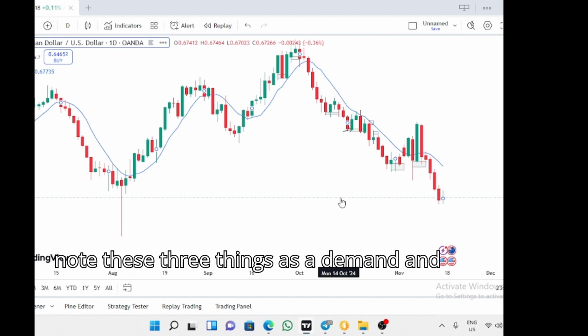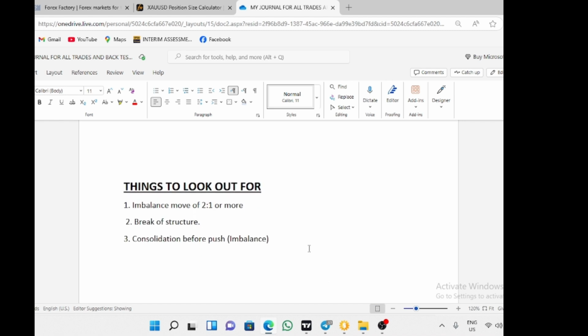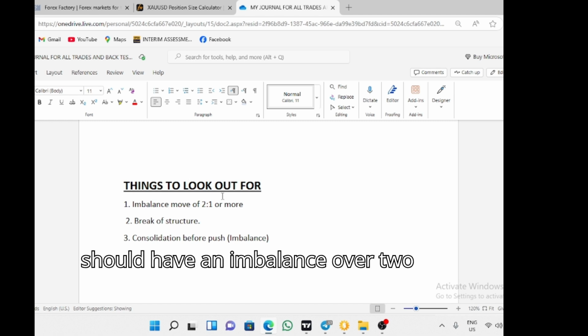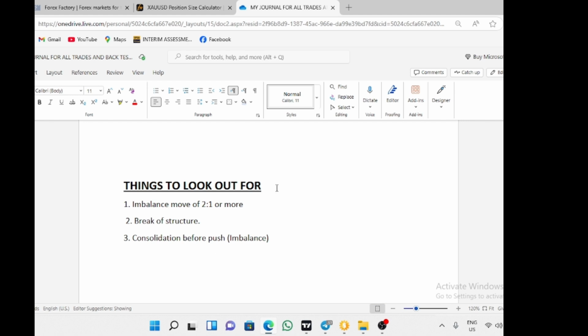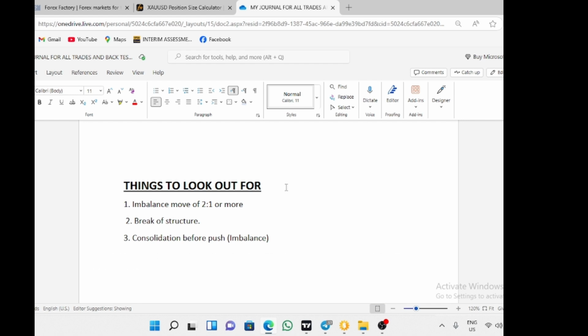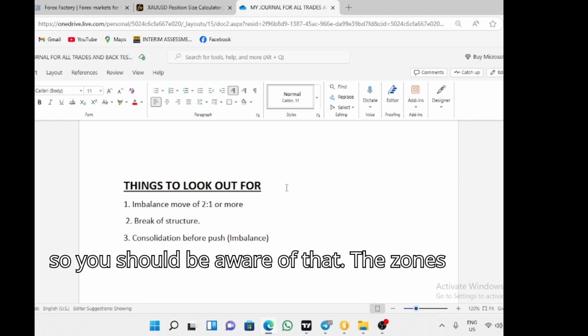You should note these three things as a demand and supply trader. All the zones you draw should have an imbalance move of 2:1 or more. Not every zone is valid. Not every zone will work. Trading is a probability game, so you should be aware of that.